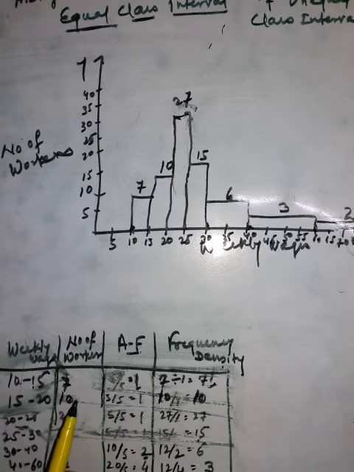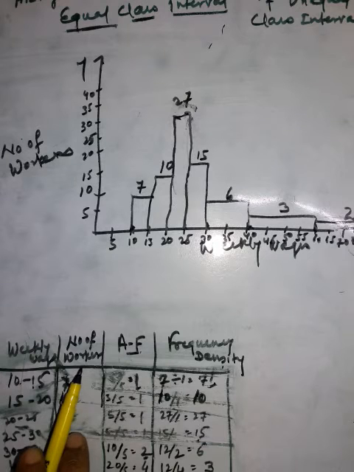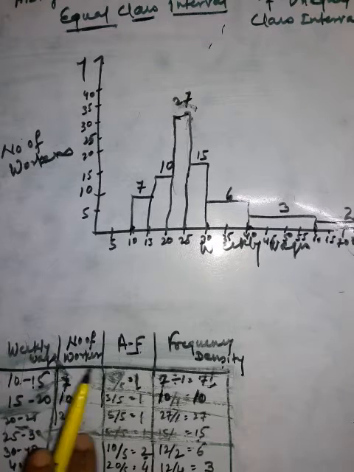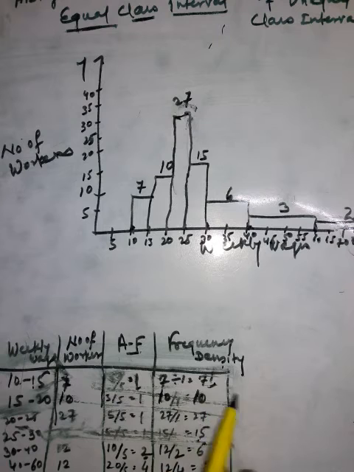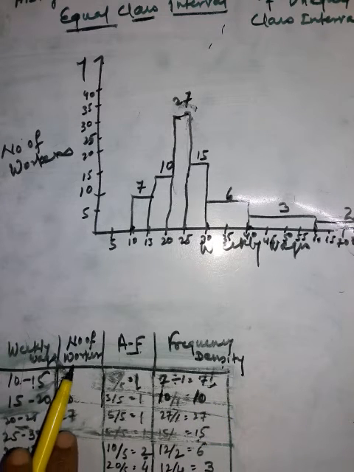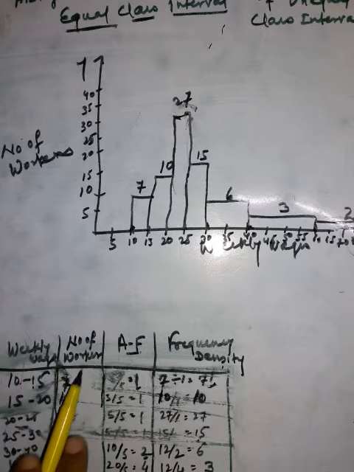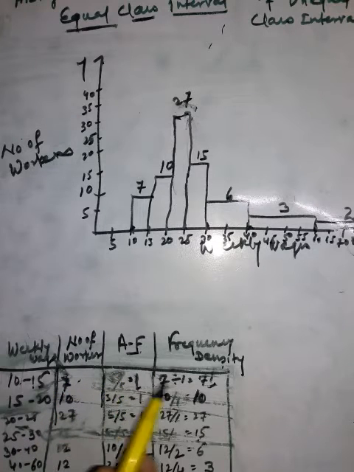You will divide the number of workers, that is the frequency, by the adjustment factor and you will get the frequency density.